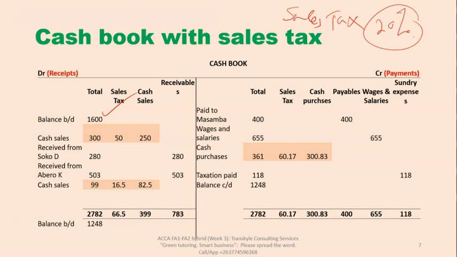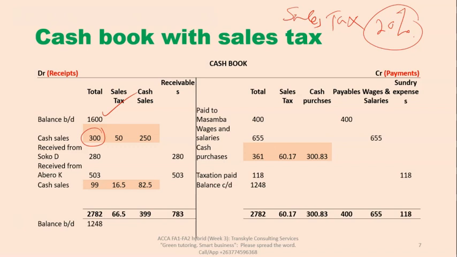Okay, it's a bit high, but let us just assume the sales tax, the VAT, was 20%. So here, when sales were made, the total sales including tax, the gross sales, were $300. All right, so how do we determine the sales tax?